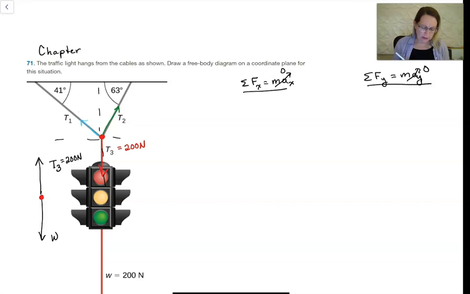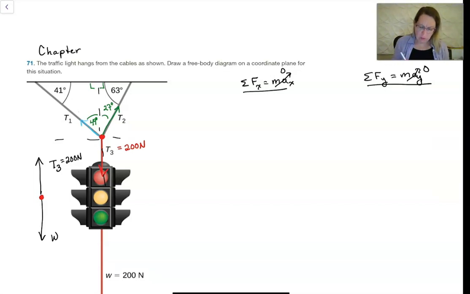As we look at this, first of all, we can recognize that this angle right in here, I find it easier to use this angle, 49 degrees here, and this angle is, because again, this is a right triangle, so that would be 27 degrees, because 27 plus 63 gives me 90 degrees. Okay, so that's my setup.